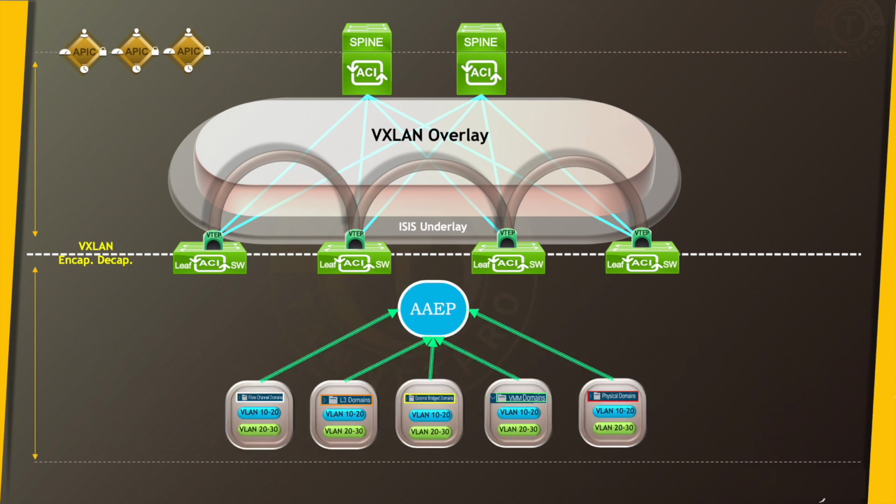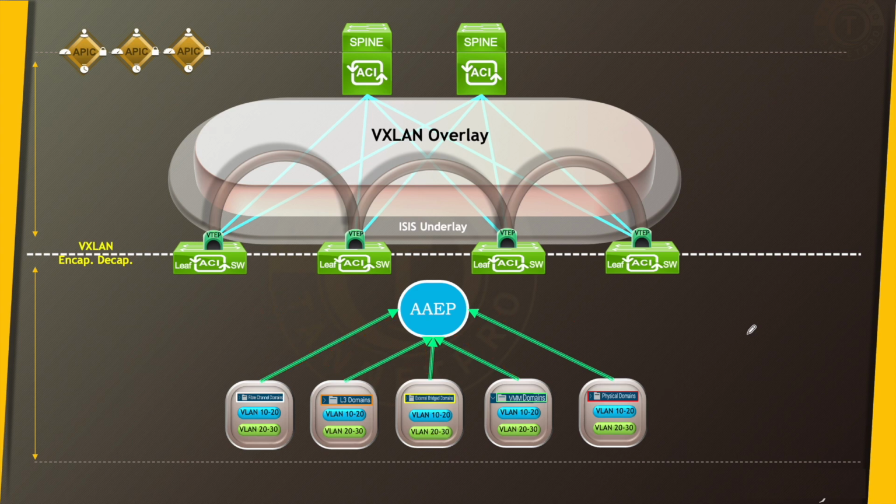Now we understand that VLAN pools are going to be attached to one AAEP, and now the AAEP is going to be attached to a switch interface, right? But we can create multiple AAEPs for multiple purposes, right? And this domain I can attach to this, not this. So we might require multiple AAEPs for attaching these domains to the switch interfaces, right?